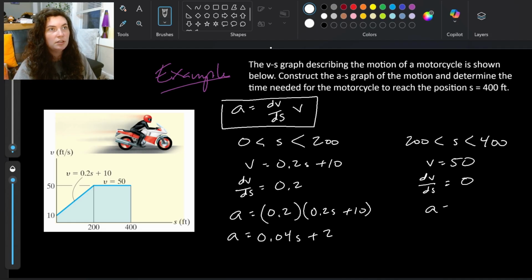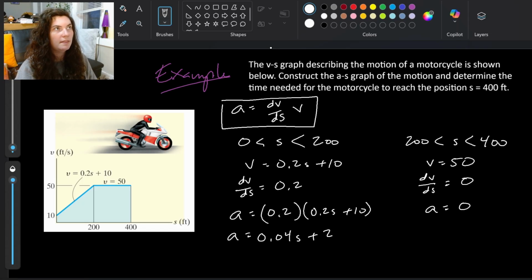Even if it's not quite in your brain yet that constant velocity always means no acceleration, at least in the direction of travel, when you take the derivative of velocity, it gives you a 0. If you plug it into the formula, you get an acceleration of 0.